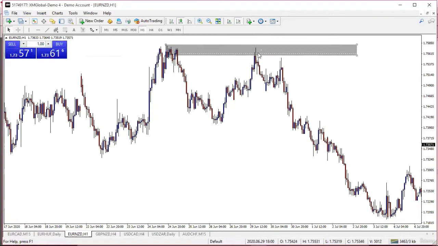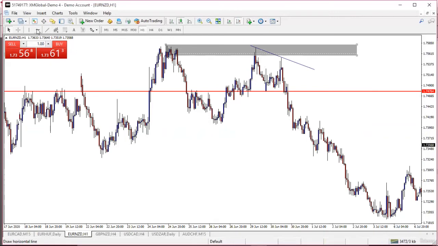It's rejected there, and then it came back, created another high, which didn't reach that high. You can see it's starting to create descending lows. There is your neckline. Yeah, broken, and then it's just dropped.